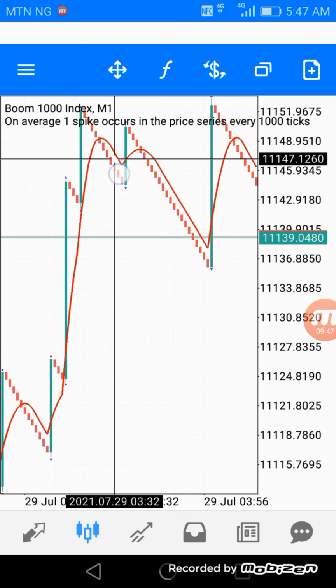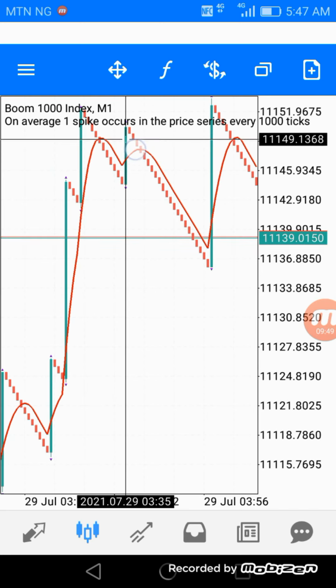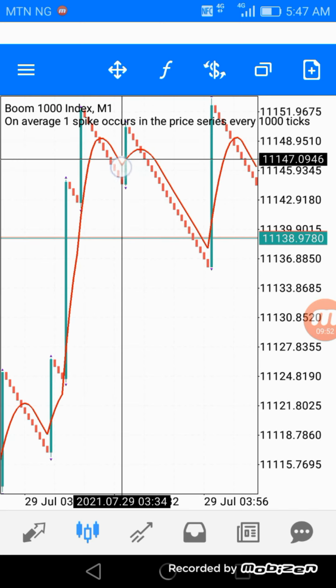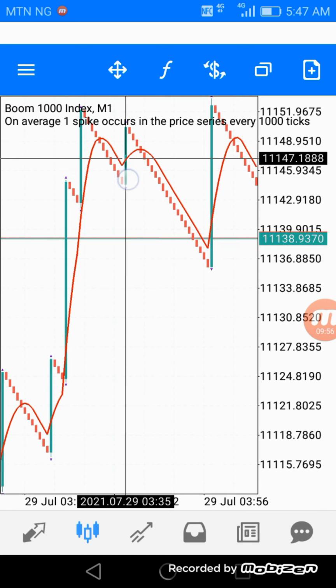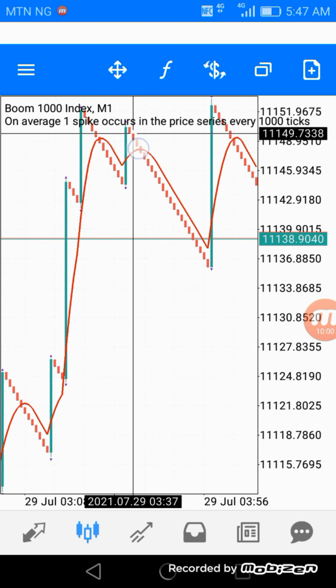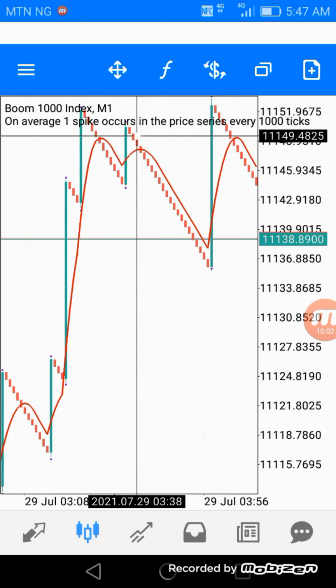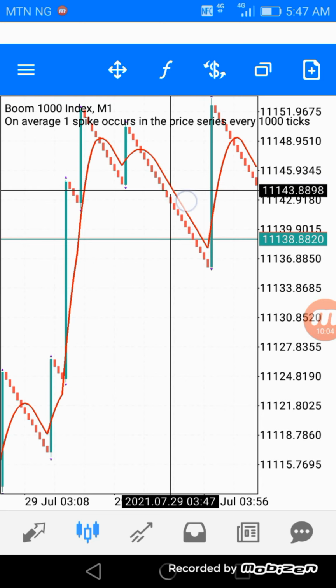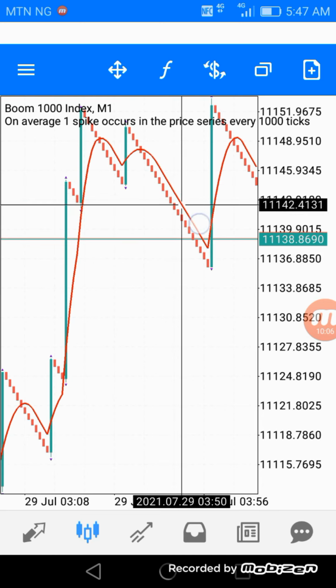If you had executed a trade, it would have been caught by this little spike. So you don't trade this move that is to form the V shape, and you don't trade this that is to complete the V shape, but you trade the descending leg, that is the second leg of the M.